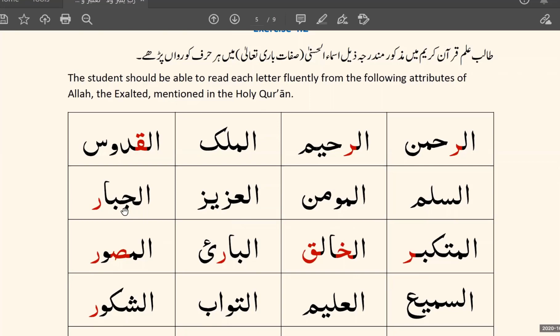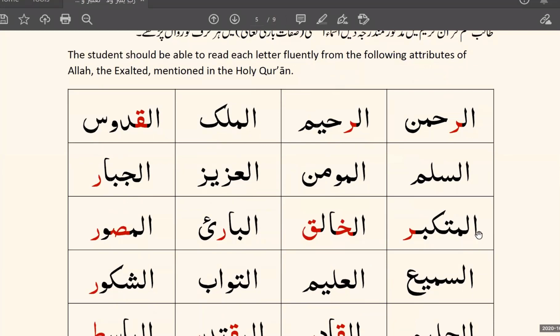Alif, Lam, Jim, Ba, Alif, Ra, Alif, Lam, Mim, Ta, Kaf, Ba, Ra, Alif, Lam, Kha, Alif, Lam, Qaf, Alif, Lam, Ba, Alif, Ra, Alif.